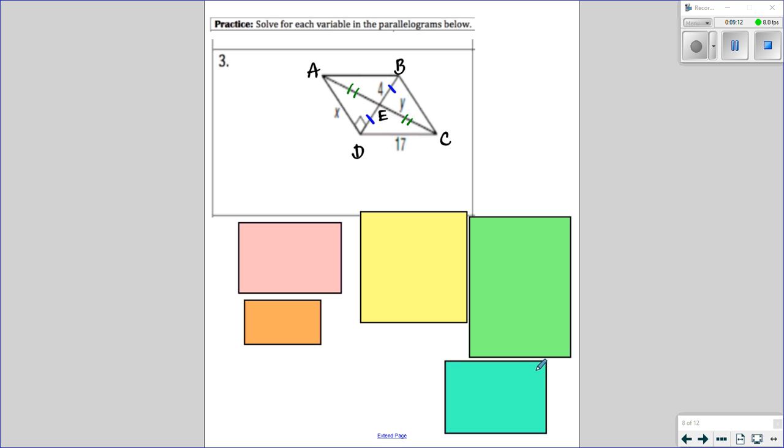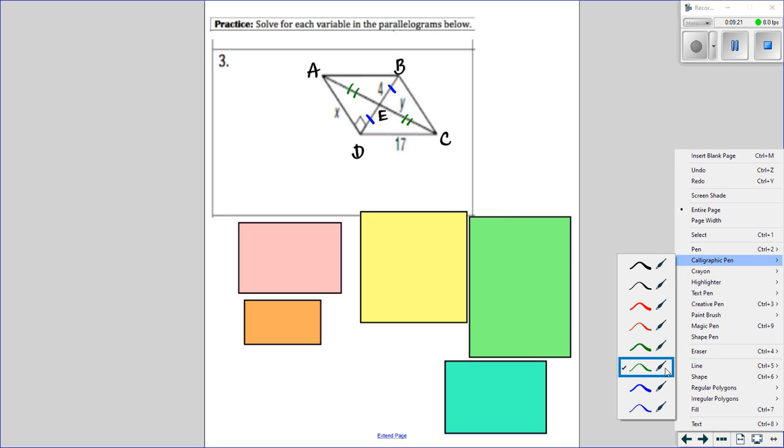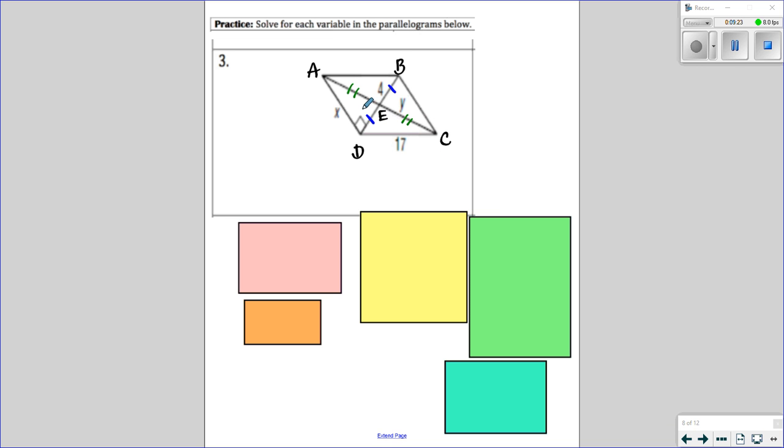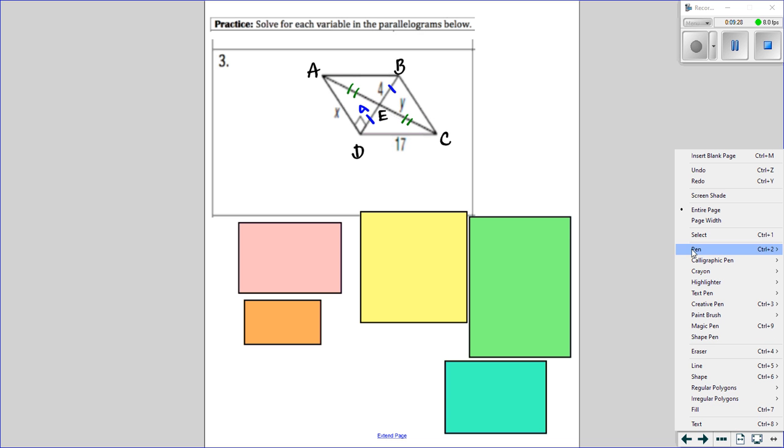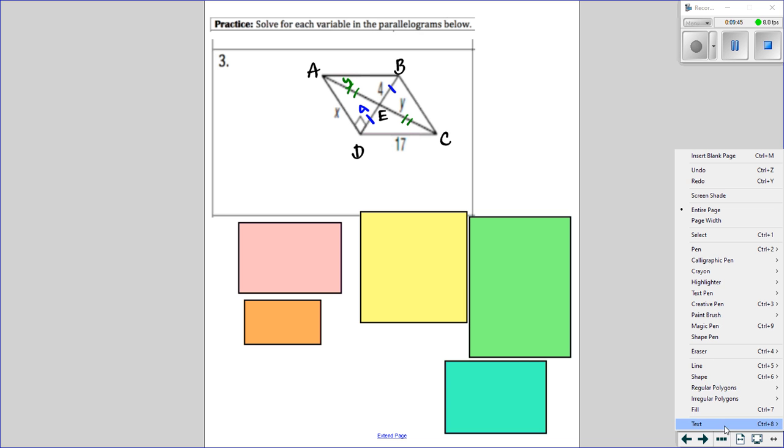Alright, so then I'm going to just label based on what is congruent. So I know that DE, this part is 4, and then AE is going to be Y because EC is Y. Alright, and I know from the characteristics in the parallelogram, the opposite sides are congruent.